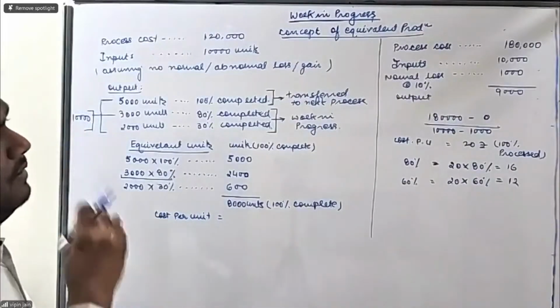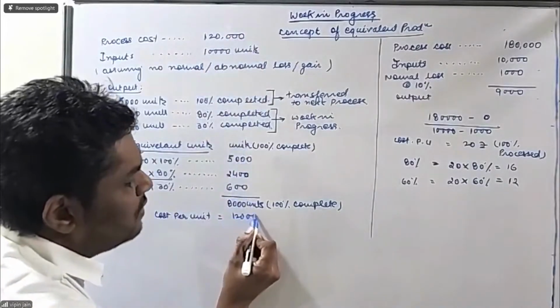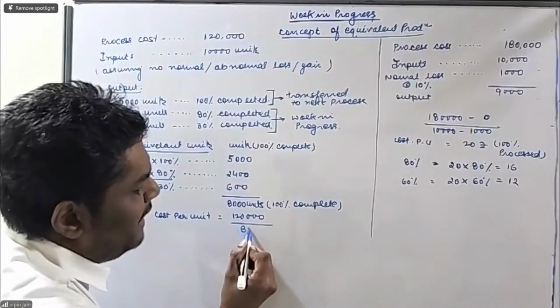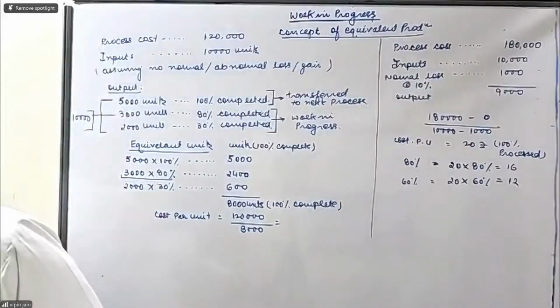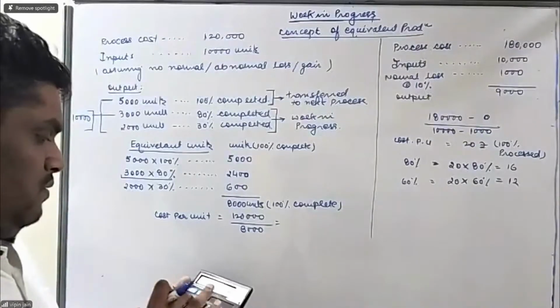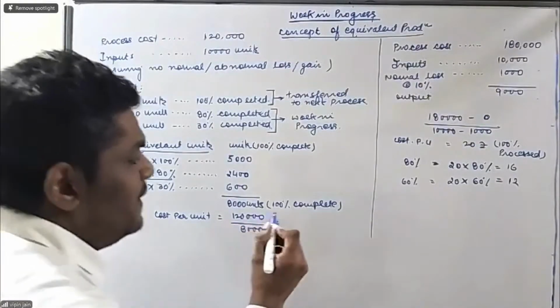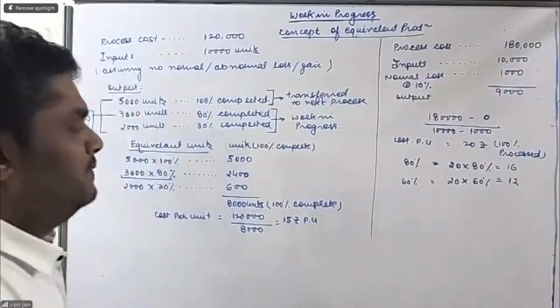That is, 1,20,000, my process cost, divided by 8,000 units. So this will be rupees 15 per unit.